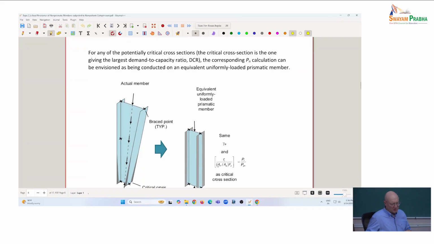Now, you might say, okay, well, how many different cross sections do I have to check? You can determine that if you look at a given member, I'll show you something about that here in a minute. If you look at a ratio of PU to a cross-section strength, that gets you pretty close.